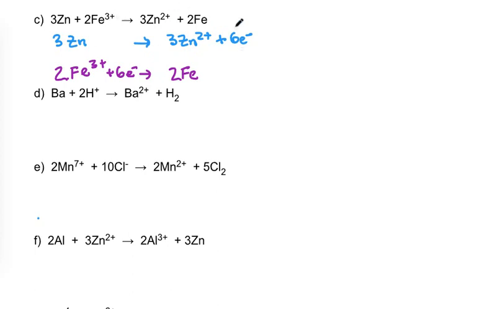Something you might have noticed, these numbers of electrons, if everything's balanced right, should always be the same because it's the same electrons. What's happening here is zinc turns into ions and releases 6 electrons, which get sucked up by the iron, and it uses them to turn into iron metal. So these and these are talking about the same electrons.